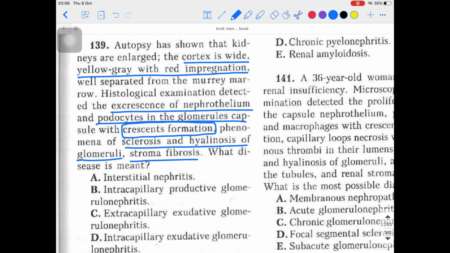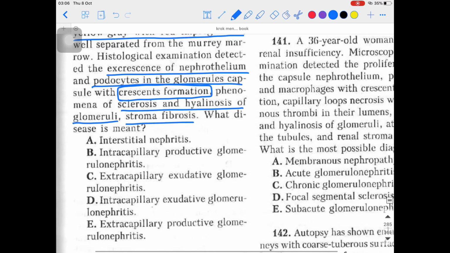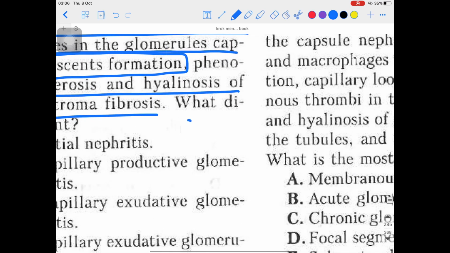Crescent means half moon, the shape of the moon. It is a circle shape, and if I make half of it, it looks like this.